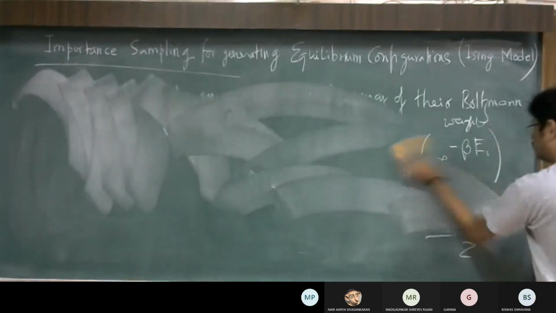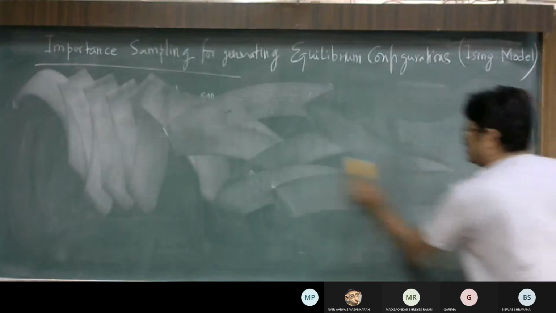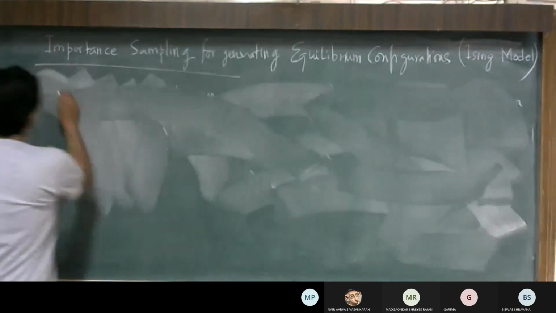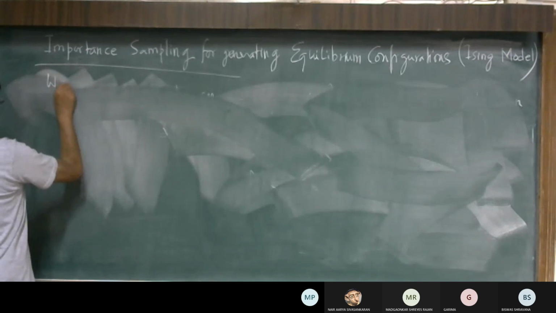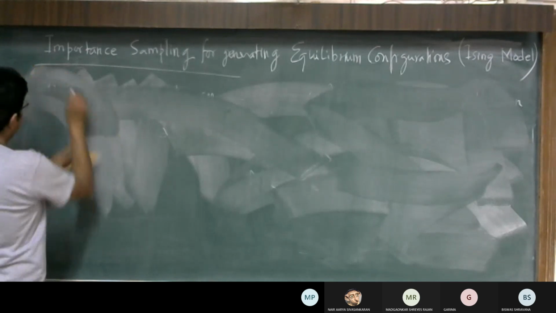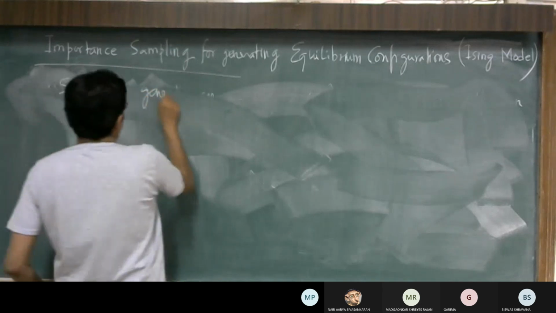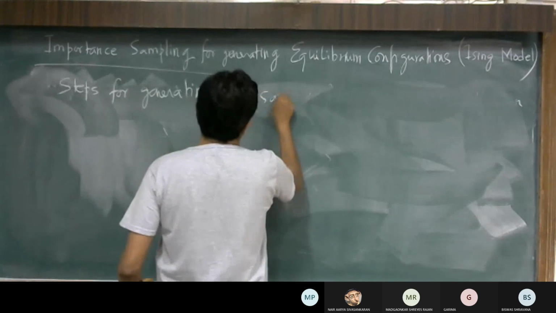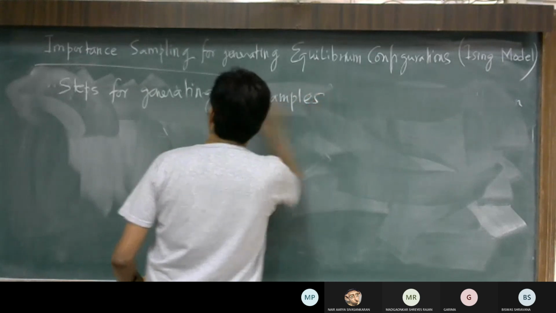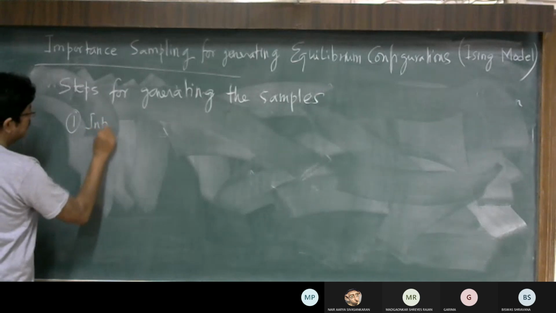And then just to revise quickly how you operationally actually do it: steps for generating the samples, in this particular case, for the case of importance sampling. So step one is initialization.